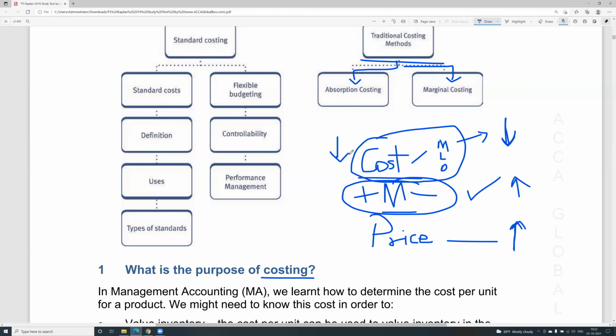Very interesting, believe me. This is something every business needs: putting down the cost, putting up the price, having a good margin. That's what they want.